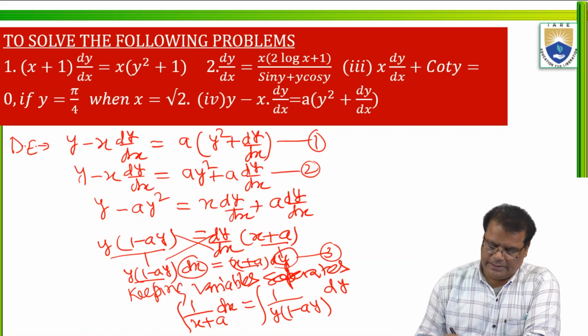The integration of this side is log (x plus a).